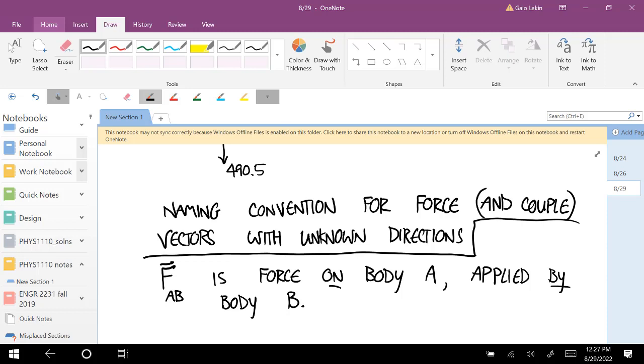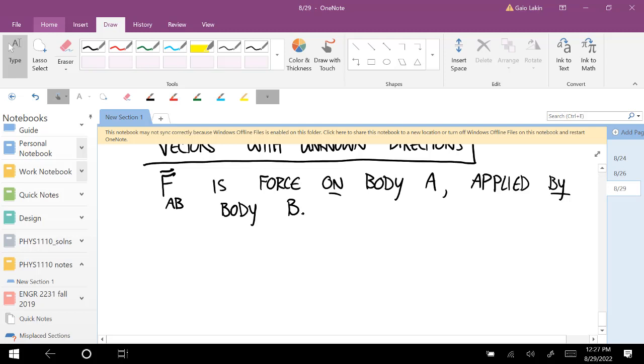I think physics people tend to say force AB is the force body A applies to body B, and engineering people tend to say force AB is the force on body A by body B. When in doubt, people will actually write it out, with the subscript saying on A by B, that kind of thing. But you have to be clear to yourself which one you're using, or you get the problem wrong. In this class, it'll always be like this.